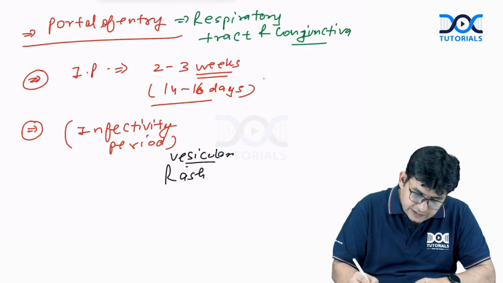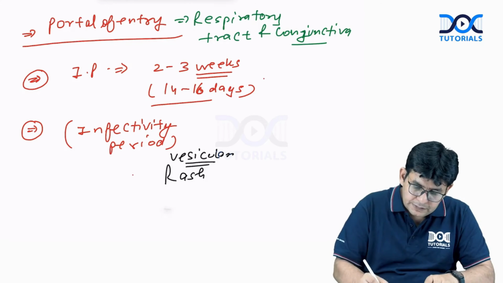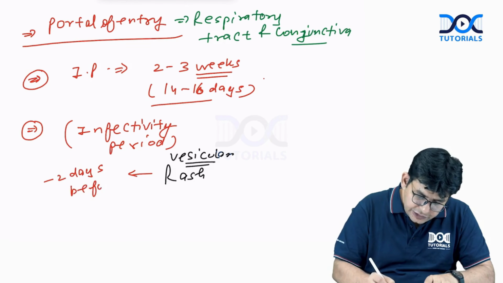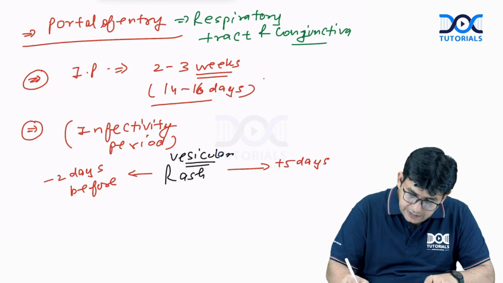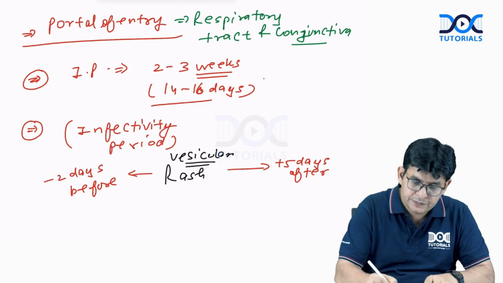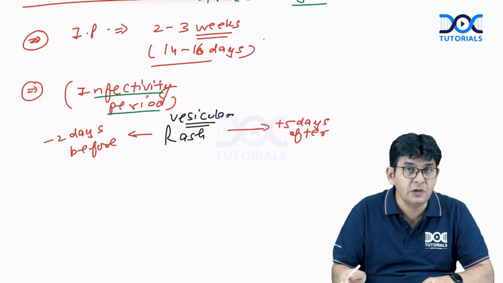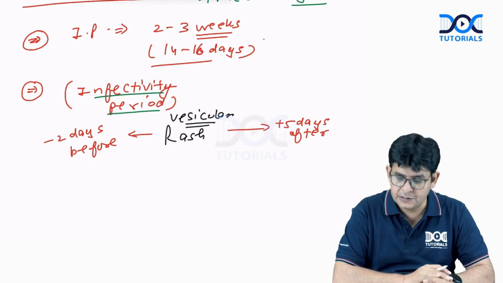Obviously, vesicular rash; vesicles are there, fluid filled. The infectivity period of chickenpox is 2 days before the rash eruption and 5 days after the rash eruption.